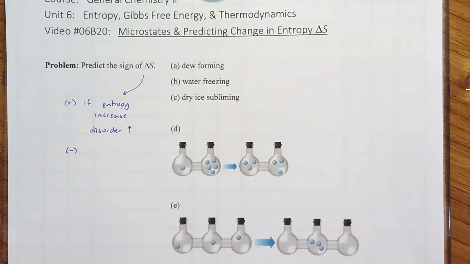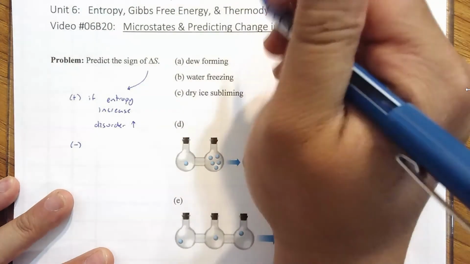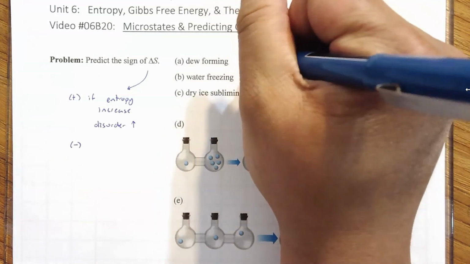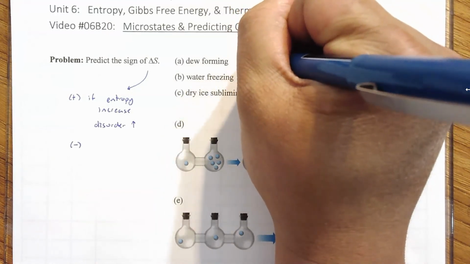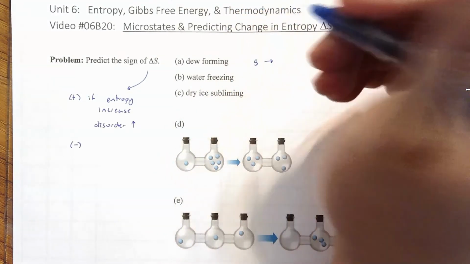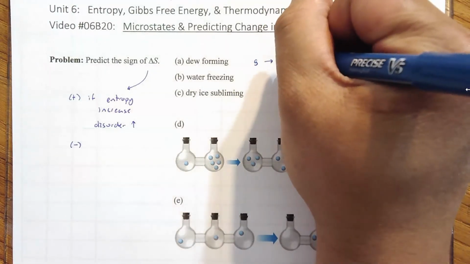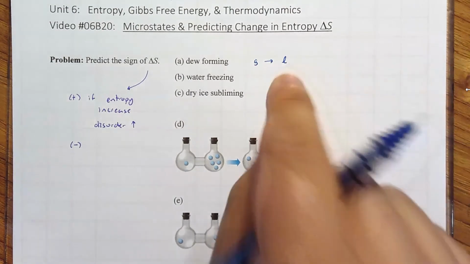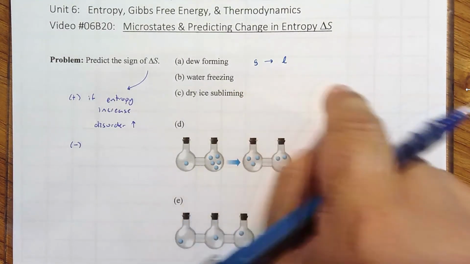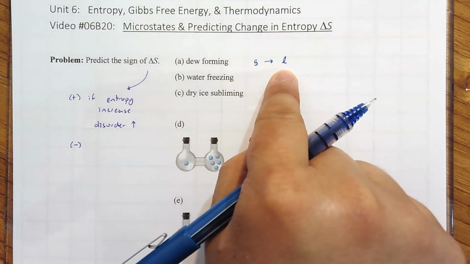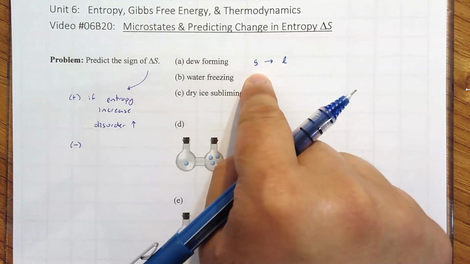Dew forming. This is going to be easy. Dew forming means that you have water vapor in the air in the morning, so this is gas, and it forms water droplets on the grass, liquid. Which one is more ordered? The liquid's more ordered. The gas is more disordered.